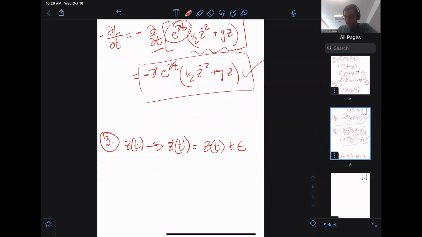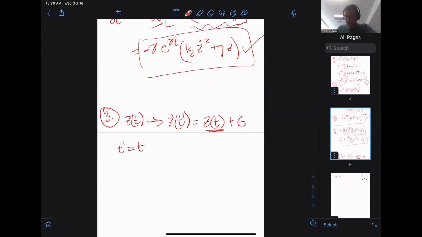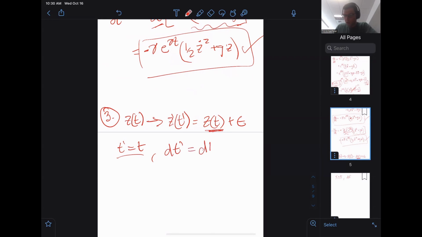And what you can also infer from this is that t prime remains unchanged, because here it's t. They don't tell you that, but that'll be important later because that means dt prime is equal to dt.